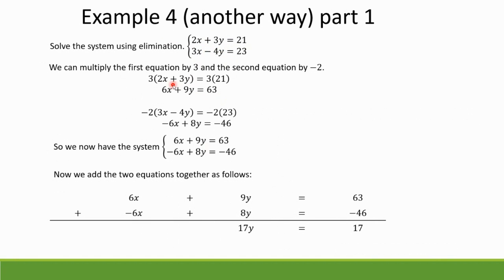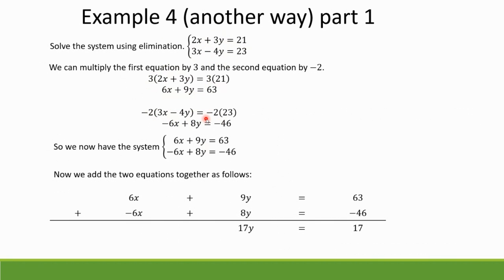Well, if I multiply the first equation by 3, we have 6x plus 9y equals 63. For the second equation, if I multiply by negative 2, we have negative 6x down here, plus 8y equals negative 46.